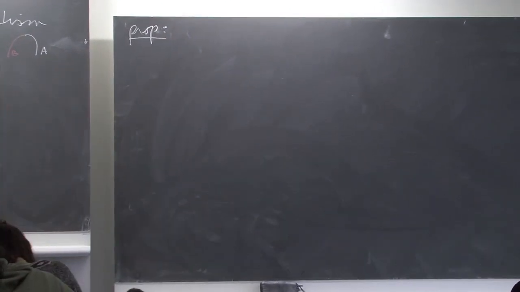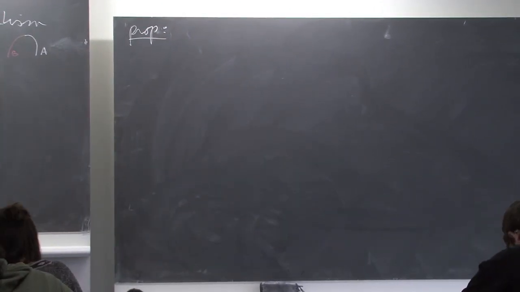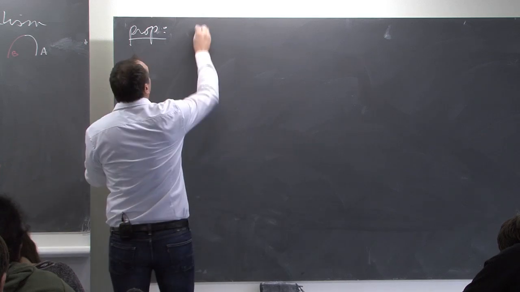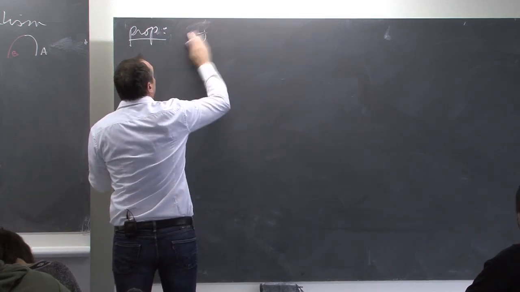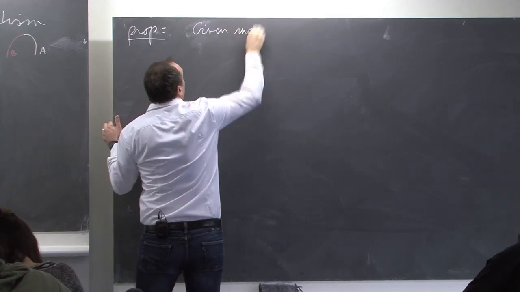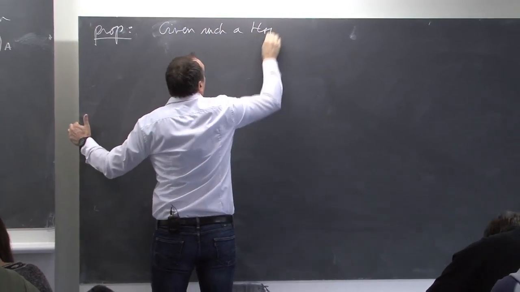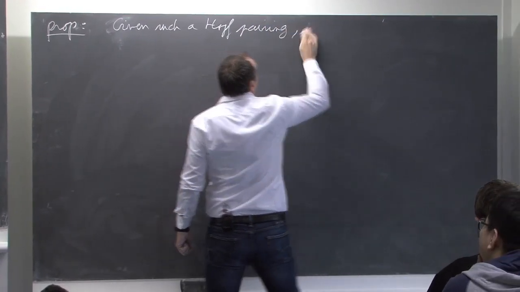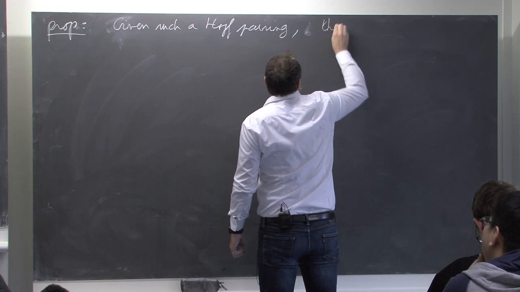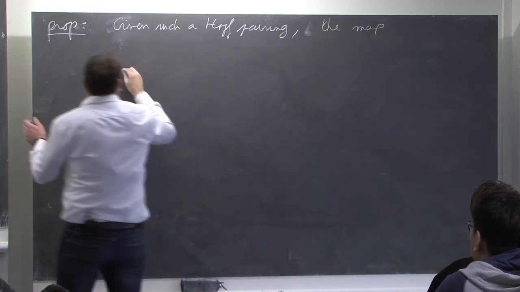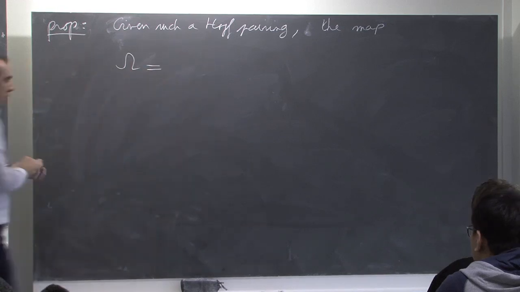Okay, so given such a pairing, I can define the map omega like this.